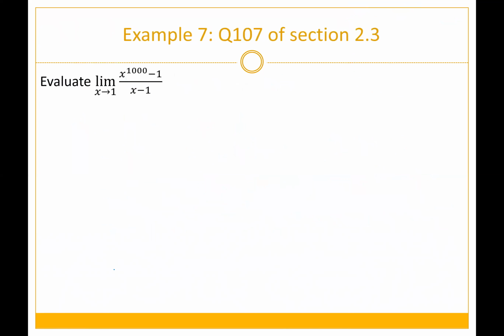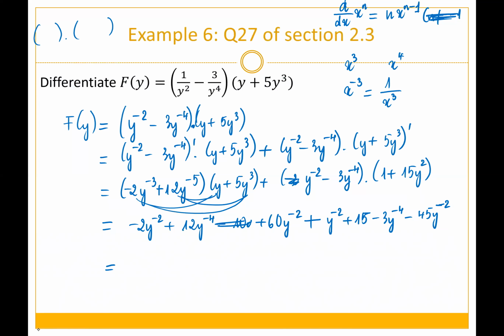I feel interactive. So now we're just gonna simplify it. Negative 2, 60, 61. So it's 59 minus 45. So it's gonna be 14 y to negative 2. Just want to check back, number wise I'm not really great with it.